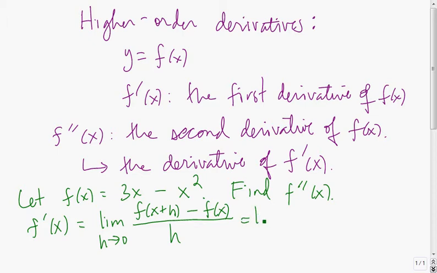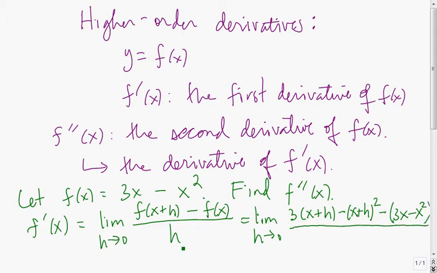So this is equal to the limit as h approaches 0 of 3 times x plus h, minus x plus h squared, then minus the function, so minus parentheses 3x minus x squared, all divided by h.